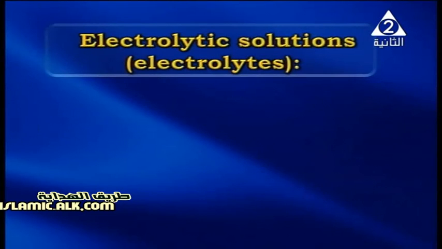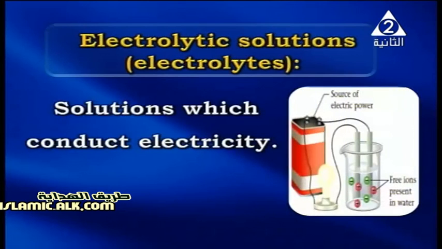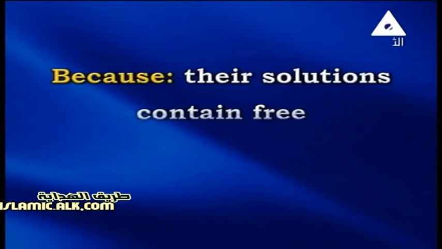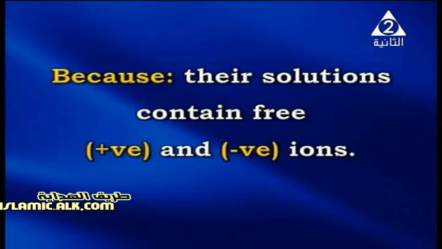Now, the second type of the solution, according to conduction of electric current, is the electrolytic solution or electrolyte. It is a solution which conducts electricity, and so we have given reason in this point. Because this solution contains free ions, positive and negative ions.